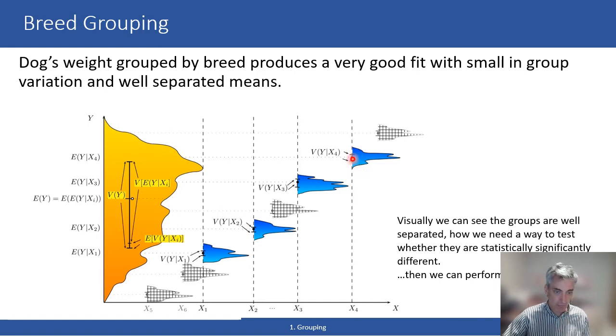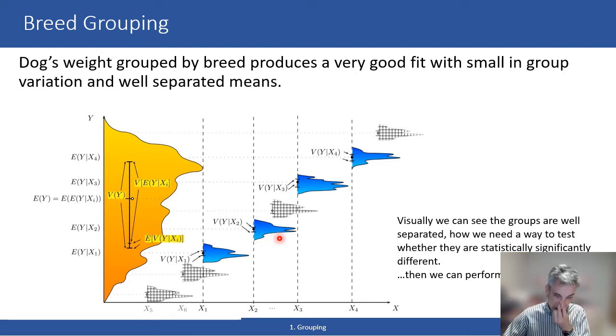However, between the breeds, there's generally a large between-group variation. So the distance from here to this mean here is large compared to the variance. So this would be a very good way of categorizing and grouping these dogs. The key point is that the variance within the group is very small, and the distance between the means is quite large in comparison to this variance.